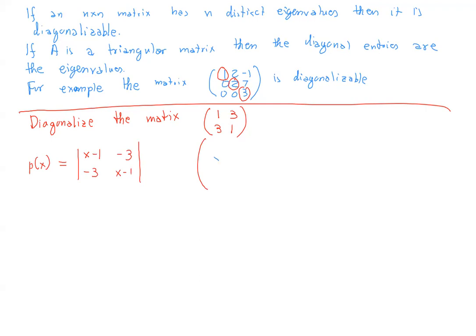If you get the identity matrix, you multiply it by x, and from this you subtract our matrix, then you get a matrix whose determinant you should take. So you should take the determinant of this matrix right here.